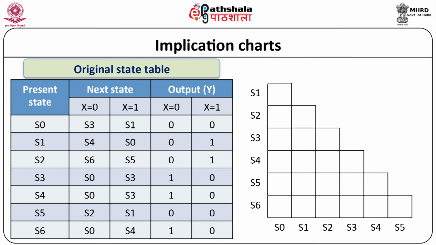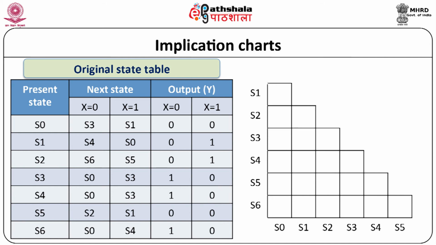Let us construct the implication chart for the given state table. The chart is constructed by listing all possible states except the last, that is S6, along the horizontal x axis and all the states except the first along the vertical y axis. The intersection of horizontal and vertical state spaces indicates a possible state equivalency.